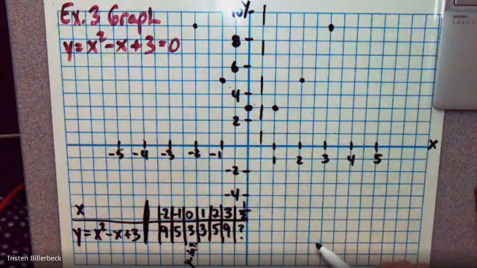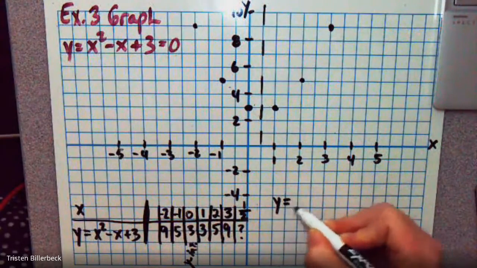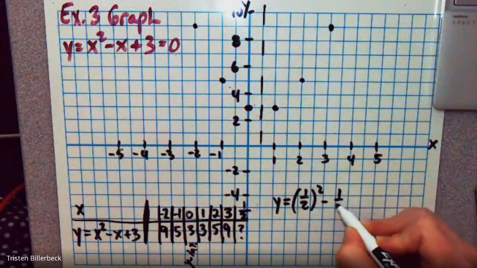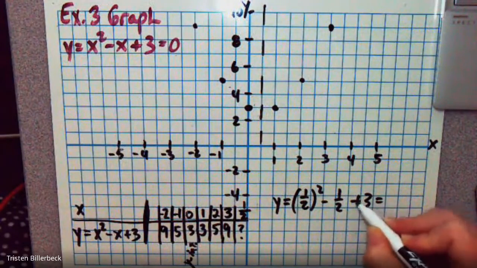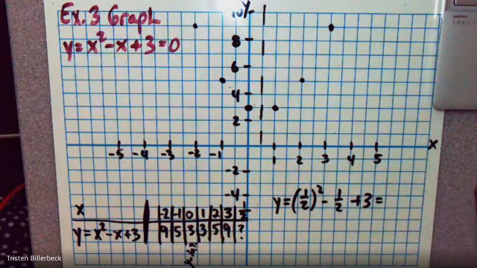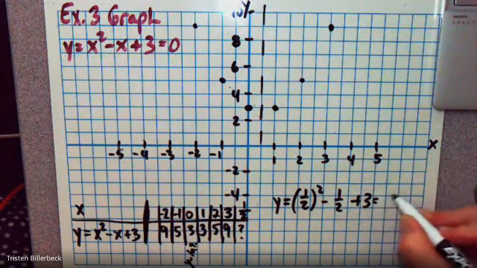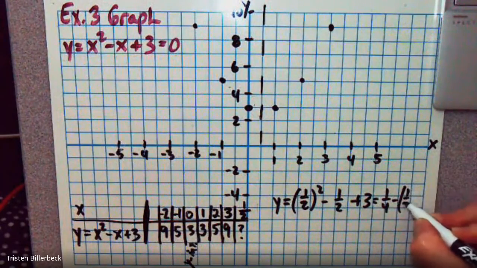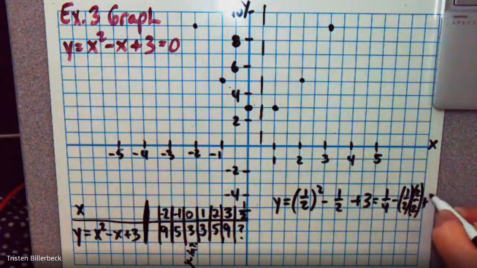So let's find out what's happening at 1/2. Okay, so if I take y equals 1/2 squared minus 1/2 plus 3, well, that is what we will find out, won't we? Okay, so that equals 1/4 minus, and then we're going to take 1/2 multiplied by 2 over 2, and add 3.